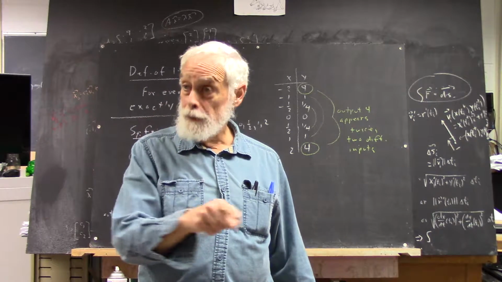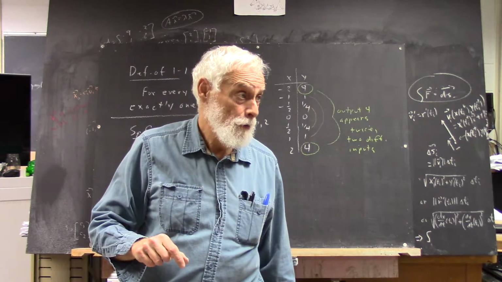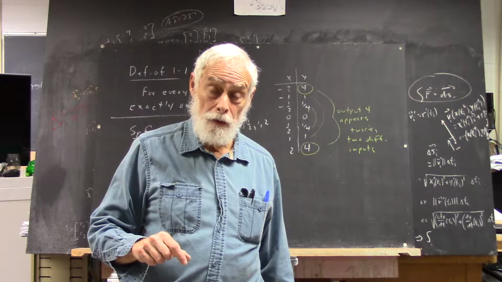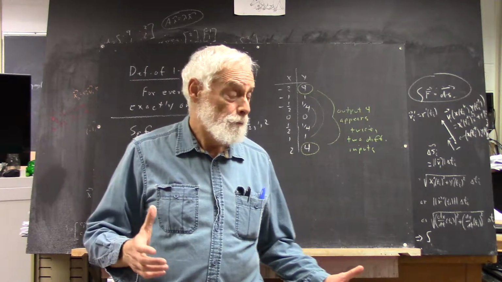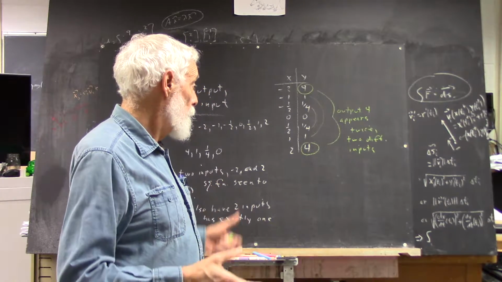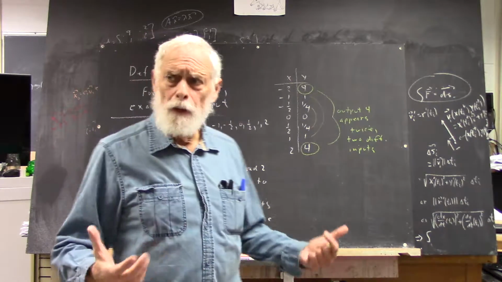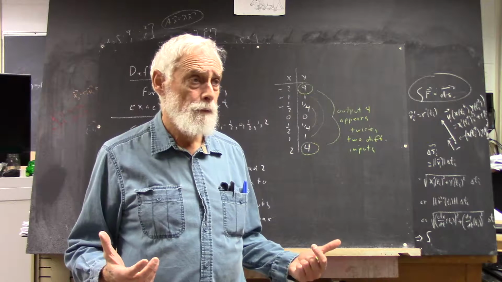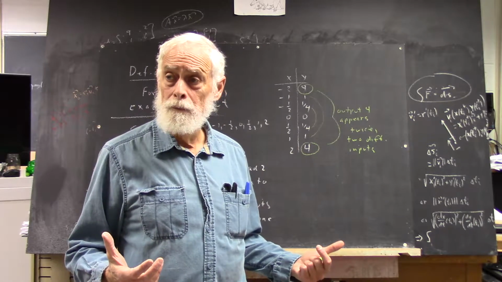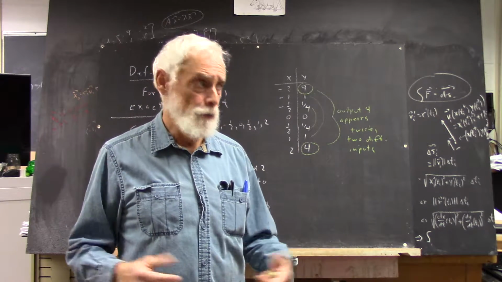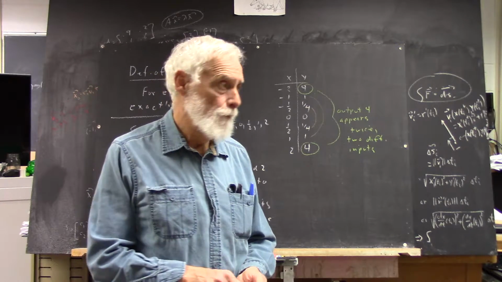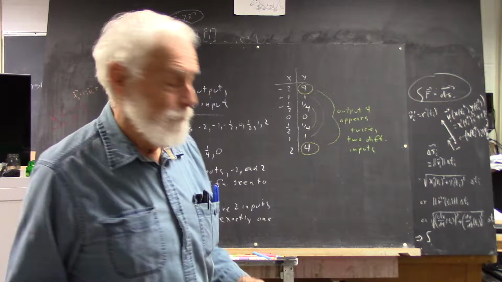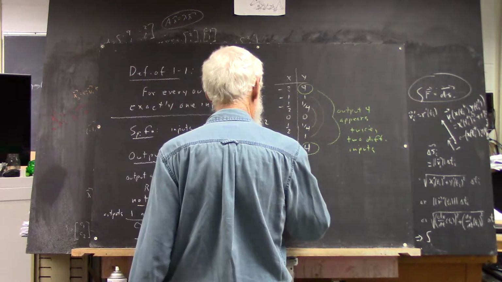And everybody's graphed it, I hope, a number of times. Okay? So everybody understands this, I hope. Is that a function? What's the definition of a function? One input for one output. Exactly. Function.